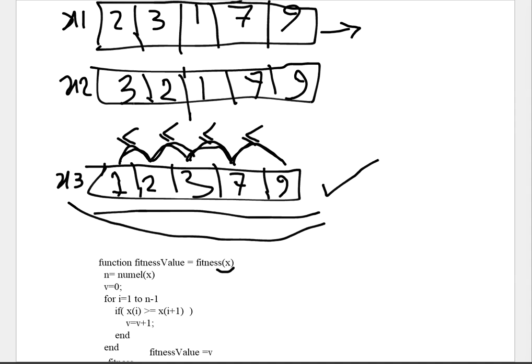It is a real return value. Excuse me, I have a mistake. It is lower or equal. If the left value is lower or equal to the right value, the fitness is increased by 1. Can you tell me the fitness of x1, x2, and x3 by this function?